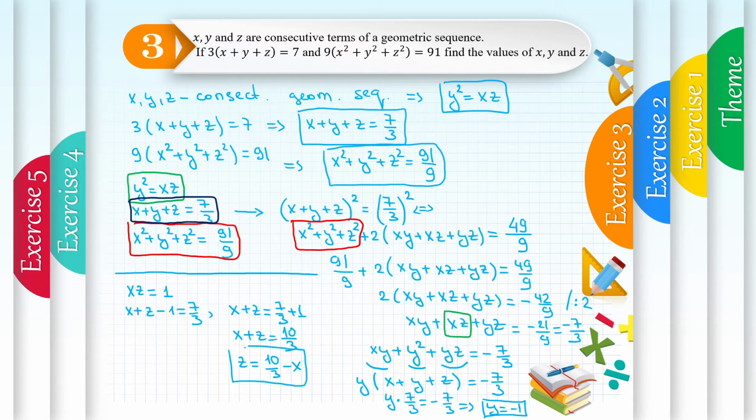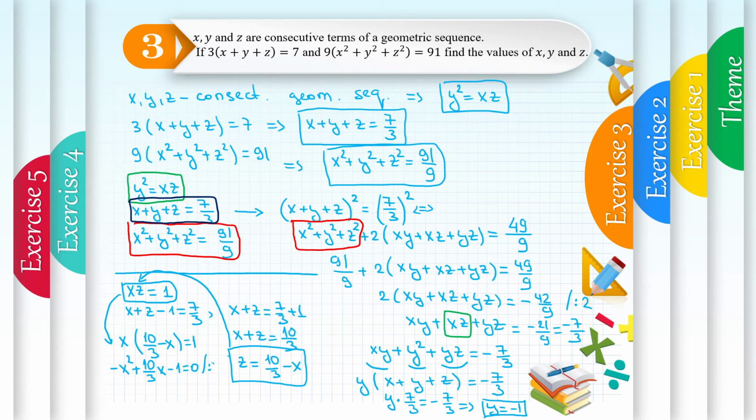And now, if we substitute z with 10 over 3 minus x in this equation, we can find x from the following equation: x times (10 over 3 minus x) is equal to 1, that is, minus x squared plus 10 over 3 x minus 1 is equal to 0.